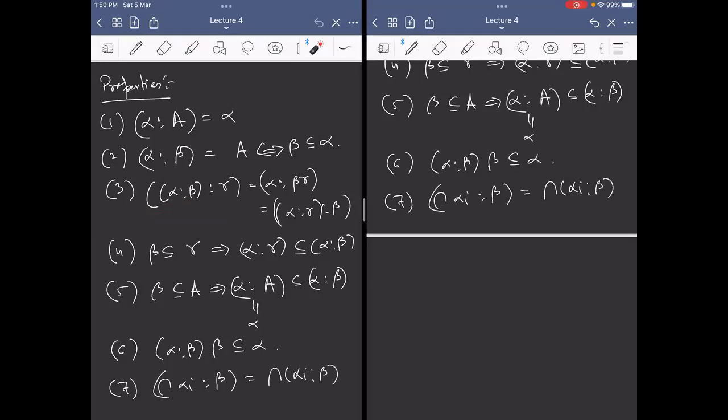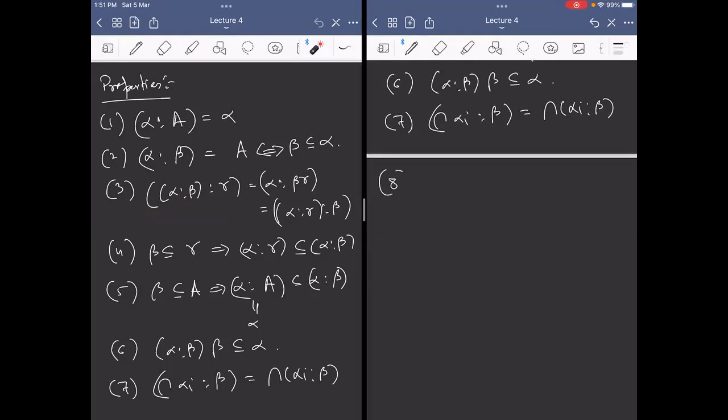That is because if you take x from the intersection of alpha_i colon beta, then x beta is inside the intersection of alpha_i, therefore it is inside every alpha_i, and therefore x is in the intersection of all these colon ideals alpha_i colon beta. Now if you take x from the intersection of the colon ideals alpha_i colon beta, then that means x is everywhere, and therefore x times beta is inside alpha_i for every i, and therefore it's in the intersection, and therefore the other inclusion is also over.